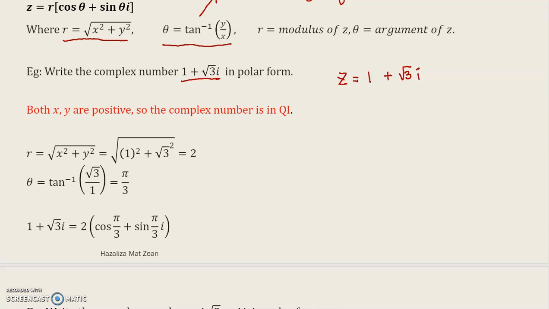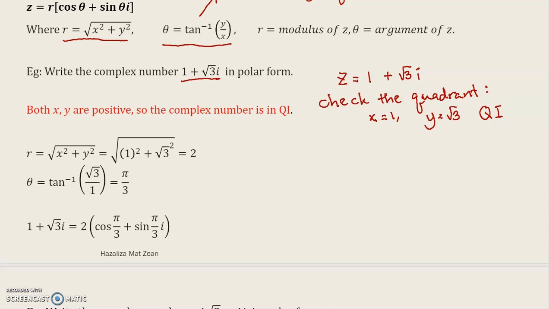We have to check first the quadrant, or where this complex number is located. x is 1 and y is square root of 3. Since both are positive, the point is in quadrant 1. Then we proceed to finding r.